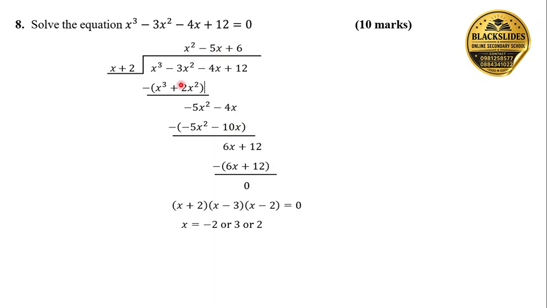I'm sure you know how this is done. Just to guide you, use the remainder theorem, and then find these factors. Once you find that expression, you factorize it, and then you have 2 brackets plus this one which we started with. You solve for x, you get x equals minus 2, 3 or 2.